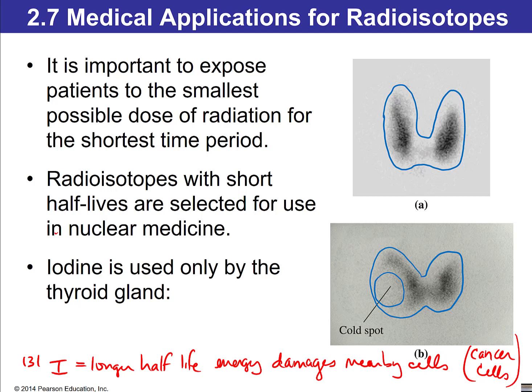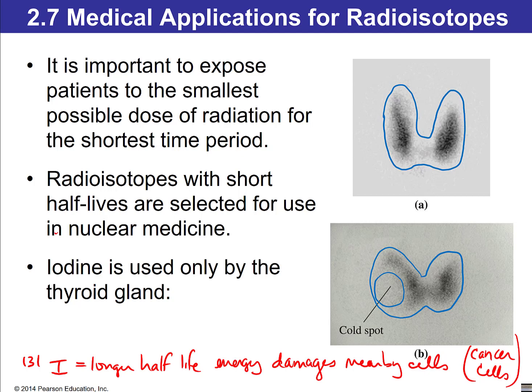That shows an area of low activity. So it could be that those cells in the thyroid aren't using the iodine like they should. Sometimes it'll actually turn out and have a really dark area, which shows that it's taking up more iodine than it should. You should have sort of uniformity throughout. So it can be used as a way to diagnose thyroid issues without having to do surgery.